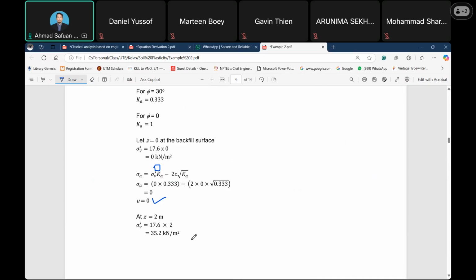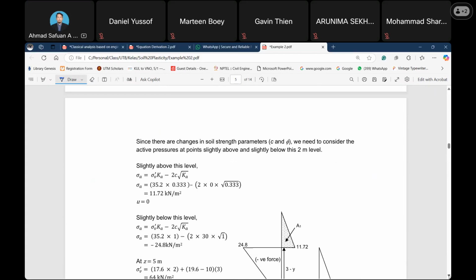Then for Z equal to 2 meters, so 17.6 times 2. Since there are changes in soil parameters C and phi, we need to consider the active pressure at points slightly above and slightly below this 2 meter level.